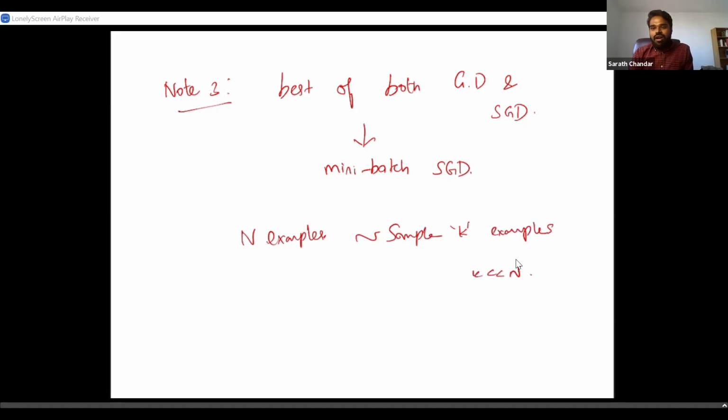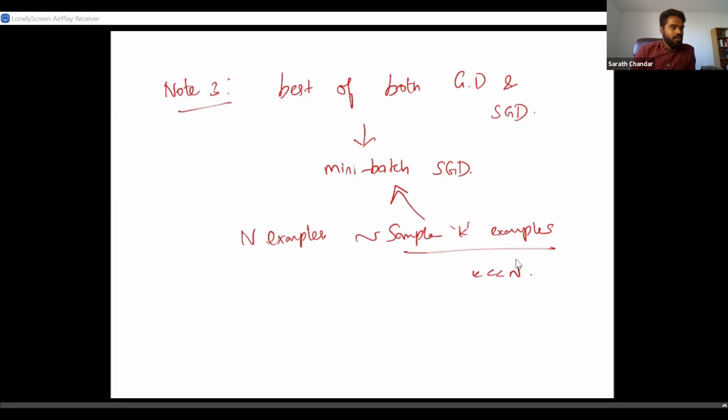If you have, say, 100,000 data points, you sample 100 examples. This is your mini batch. You compute your loss with respect to this mini batch and make an update. This is less noisy than stochastic gradient descent because you have more examples. At the same time, it is much faster than gradient descent because you're doing it in many small batches, not with the full batch.